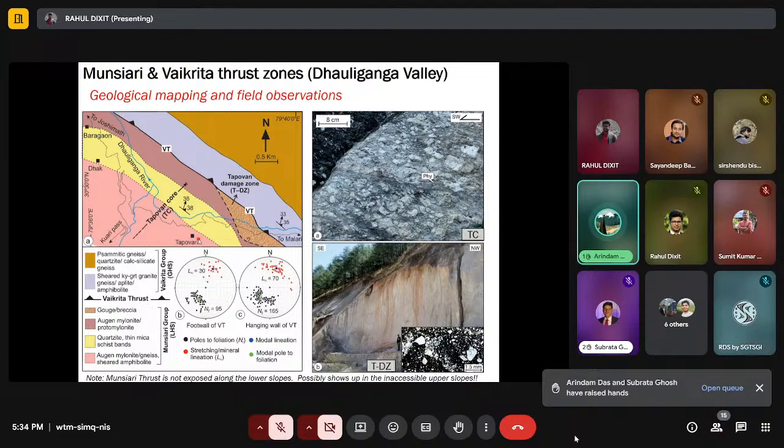But what is the topographic difference between this Bhagirathi Valley and the Dhauliganga Valley? I don't think there is much of a difference. So to assume that Dhauliganga Valley is possibly an upper part of this thrust zone and the Bhagirathi Valley is possibly a deeper zone, it defies some logic here.